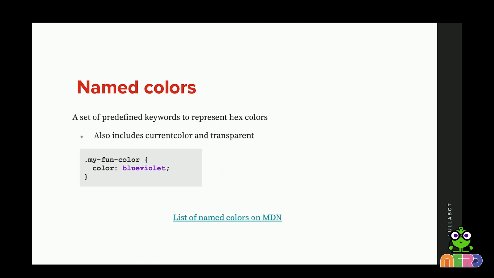A limitation of this, obviously, is not every single color has a named color associated with it. So you can't define everything by using these colors. So you're limited in your colors if you only want to use named colors. And I included a list of named colors on MDN, Mozilla Developer Network, if you want to see what the list of these colors are.